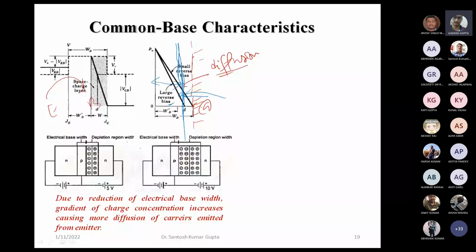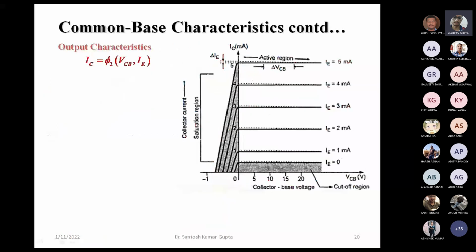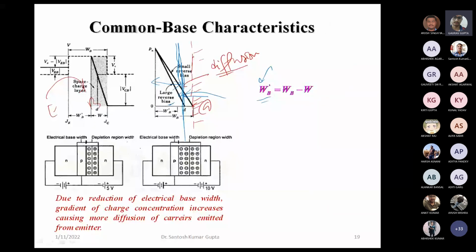That's why the current IE seems to increase here. For the same value of VBE, the current IE seems to increase. So this is the effective base width: WB is the physical base width minus W, which is the depletion width, the penetration of the depletion region into the base.